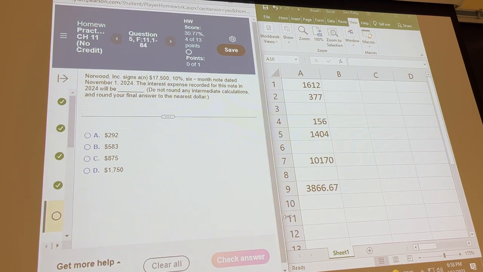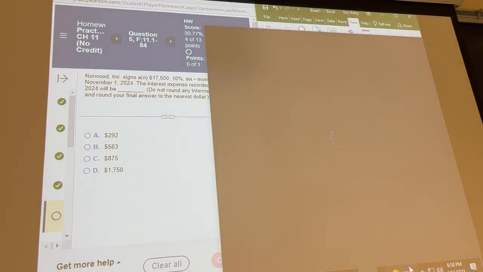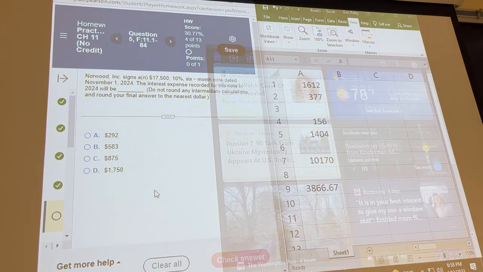Okay, Norwood Inc. signs a $17,500, 10% 6-month note dated November 1st. The interest expense recorded for this note in 2024 will be, okay, we've done other interest calculations before.